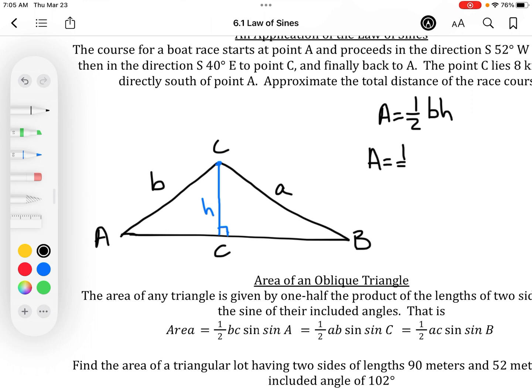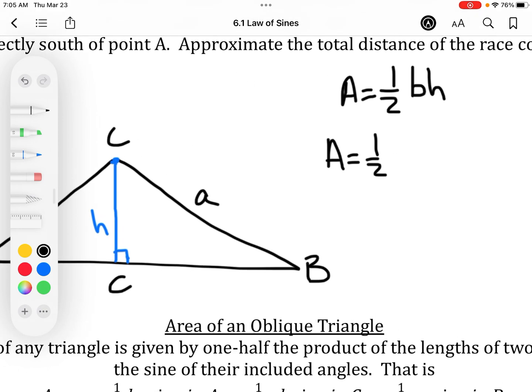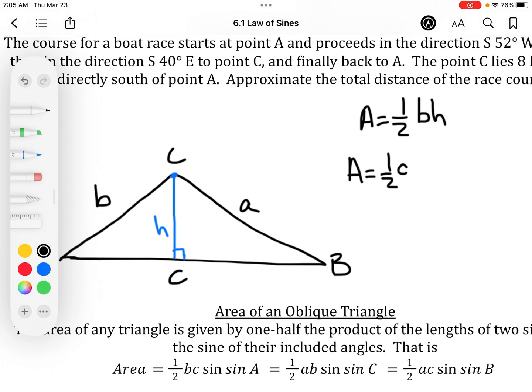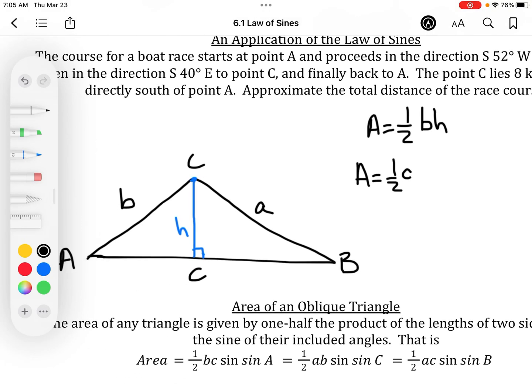And even filling things in, in this case, the base, because I drew H where it is, would be C. The base would be where from a vertex to the opposite side. But then H, that's a problem.